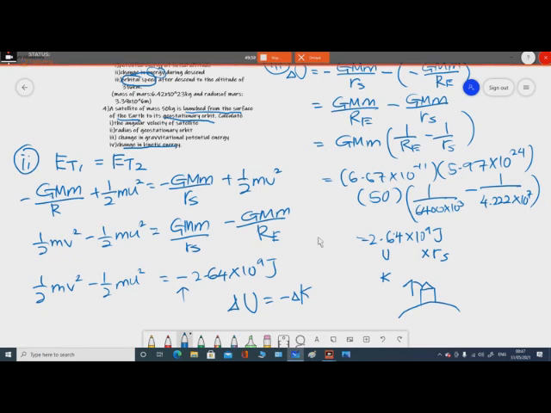All the kinetic energy is converted to gravitational potential energy completely after the rocket approaches the geostationary orbit.